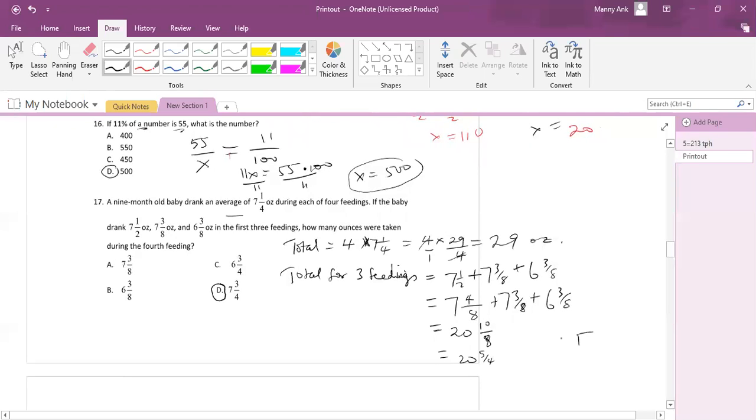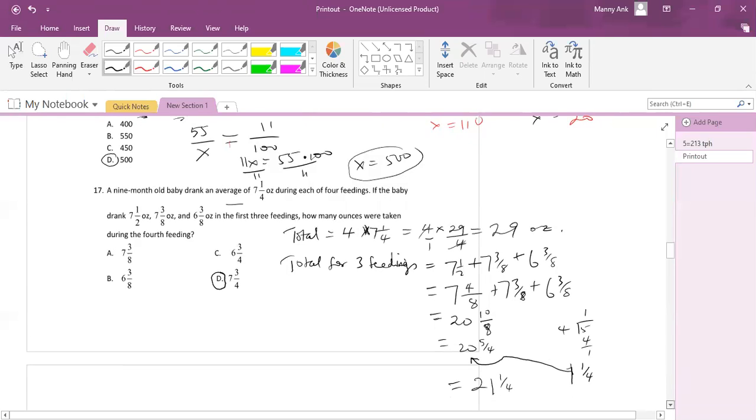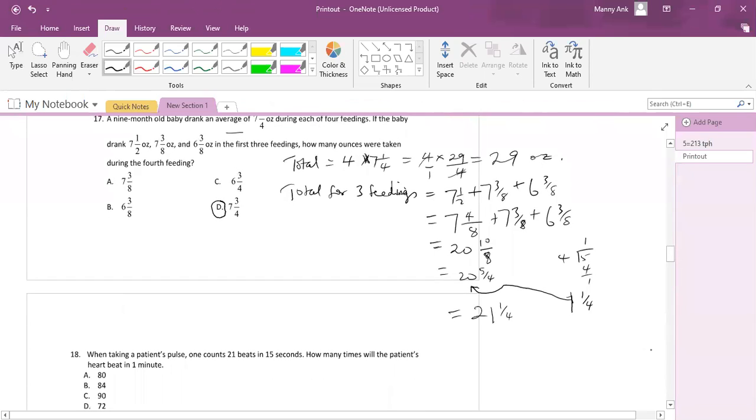So I divide 4 into the 5. That will give me 1 whole number and 1 left. So it's 1 1/4. So let's add a 1 to the 20. So I have 21 1/4 as the total if I add all the 3 numbers, or the 3 fractions.